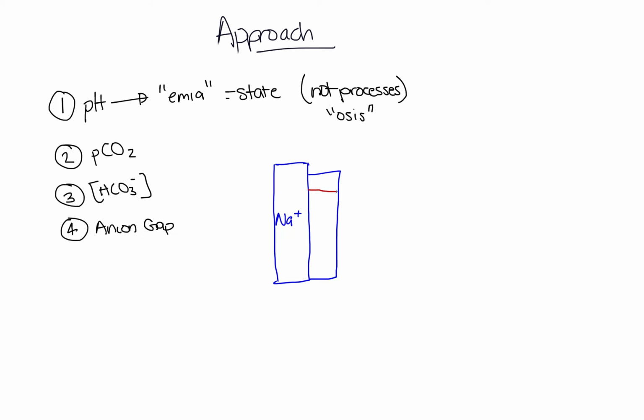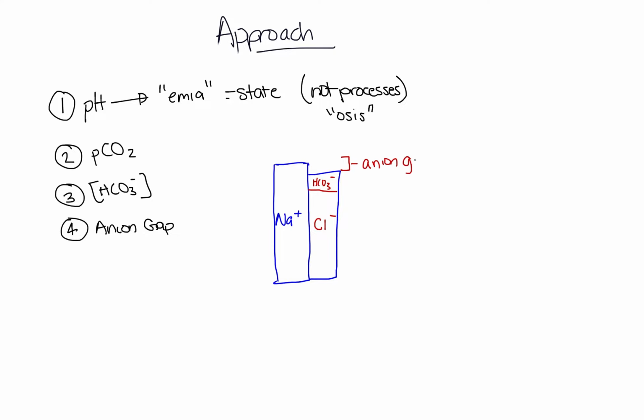And the majority of the positive charged molecules are sodium, and the majority of the negative charged molecules are chloride, but then there's a pretty decent concentration of bicarbonate as well. And this space that's not explained is what we call the anion gap.